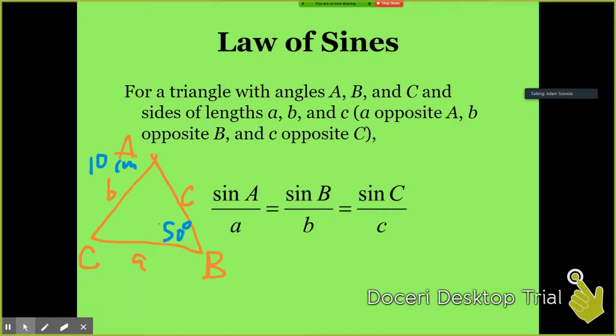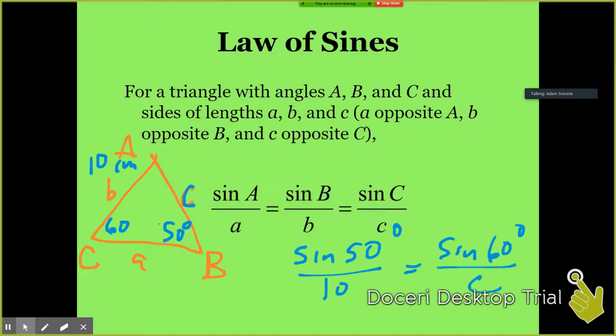So if you were given that this is 60, and you wanted to find c, you would do the sine of 50 over 10 equals the sine of 60 degrees over c. All right. And again, that's angle, side. So that's how I know to use the law of sines.